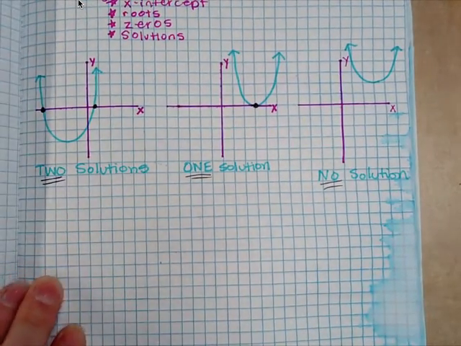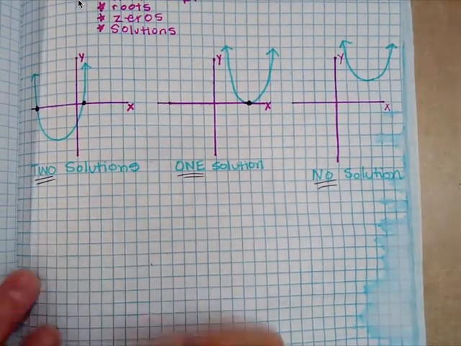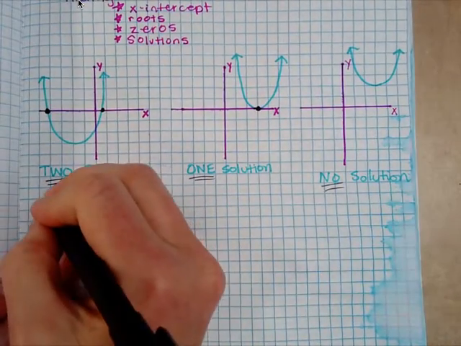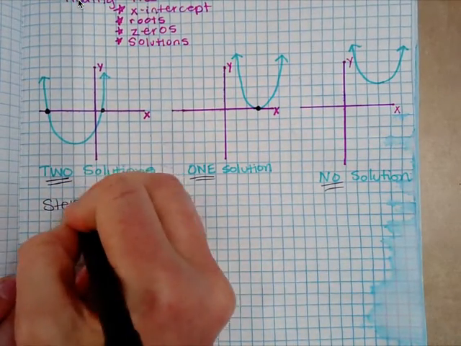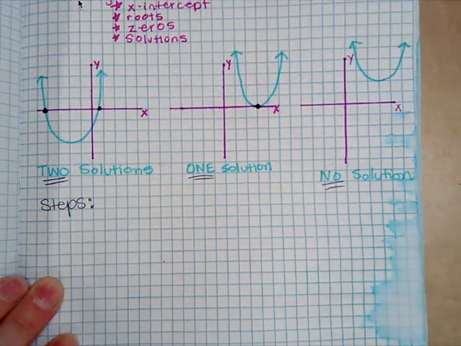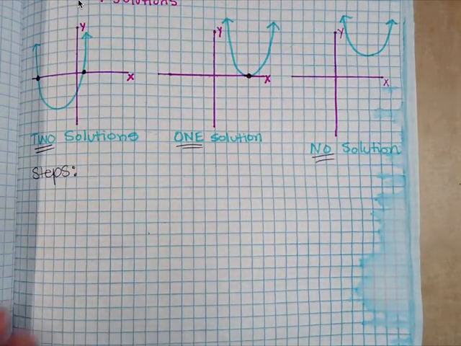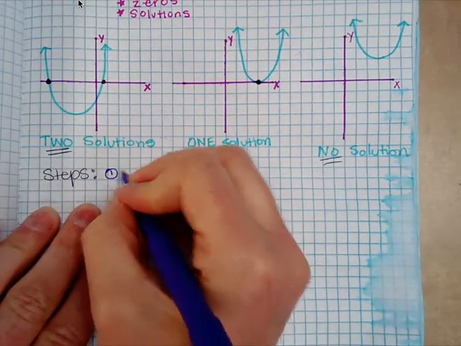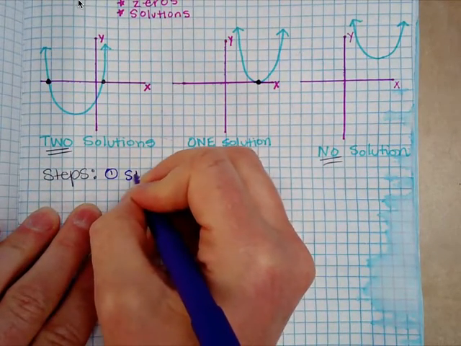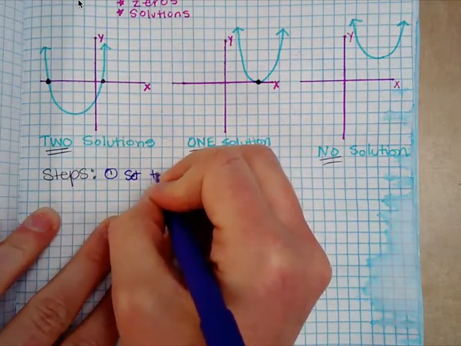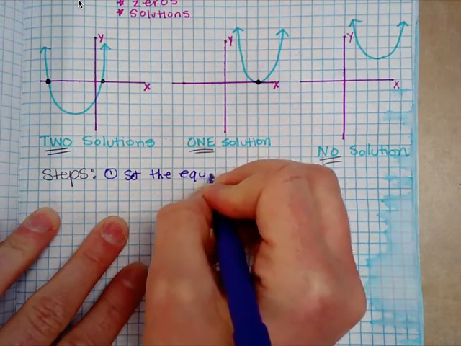All right, so let's talk about how to actually solve some equations. So let's go through the steps for solving quadratics. We're going to use the graph. So the first thing we need to do is set the equation equal to 0.